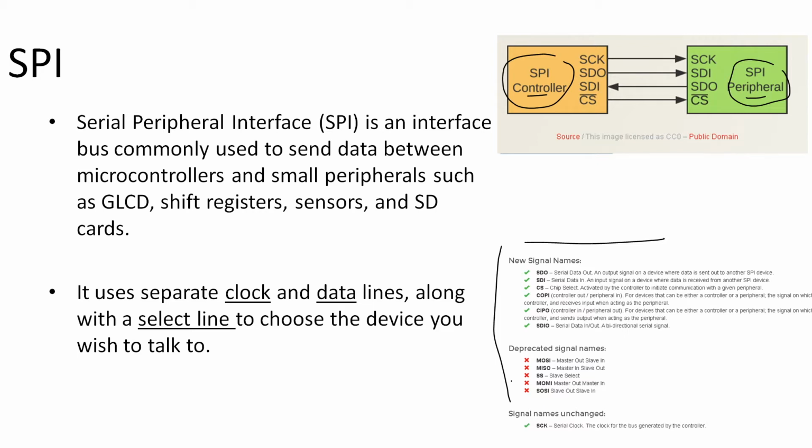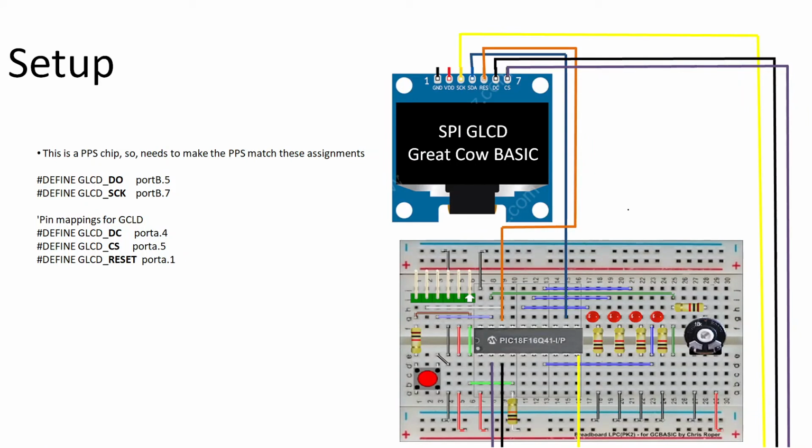Microchip use the legacy or deprecated names, and I'm going to be using some of the new ones. So when you see a data sheet for a product, you're going to have to translate between these things. Basically, you've got data out, chip select, and a clock, and the others you might need for your specific device.